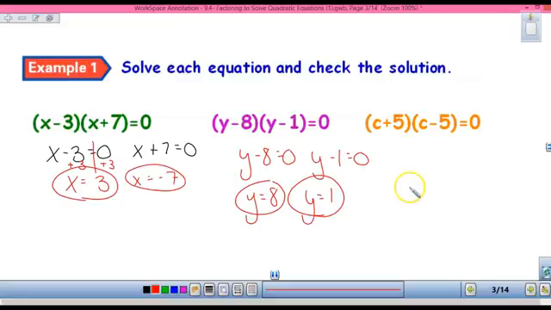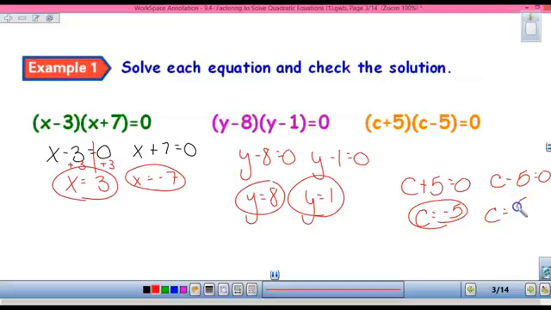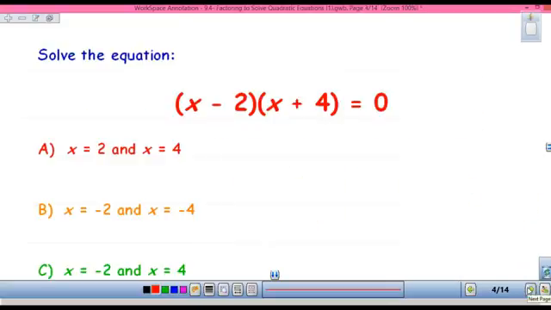Okay, this one: c plus 5 equals 0, c minus 5 equals 0. So c equals negative 5, c equals 5. They shouldn't be super hard. Okay, do this one.